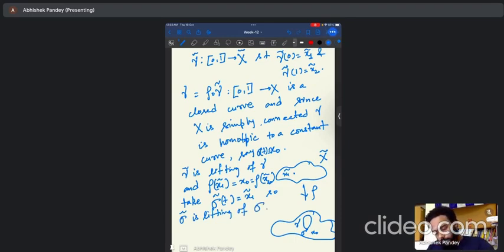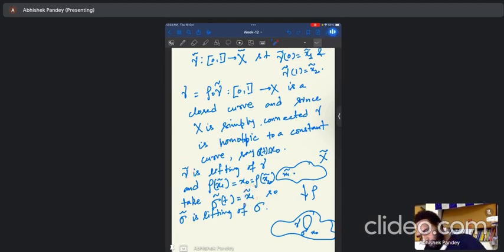Now we have gamma homotopic to sigma, and gamma tilde and sigma tilde are the liftings of gamma and sigma respectively. So they have the same terminal point. The terminal point of sigma tilde is x1 tilde only, because it's a constant curve, and the terminal point of gamma tilde is x2 tilde.